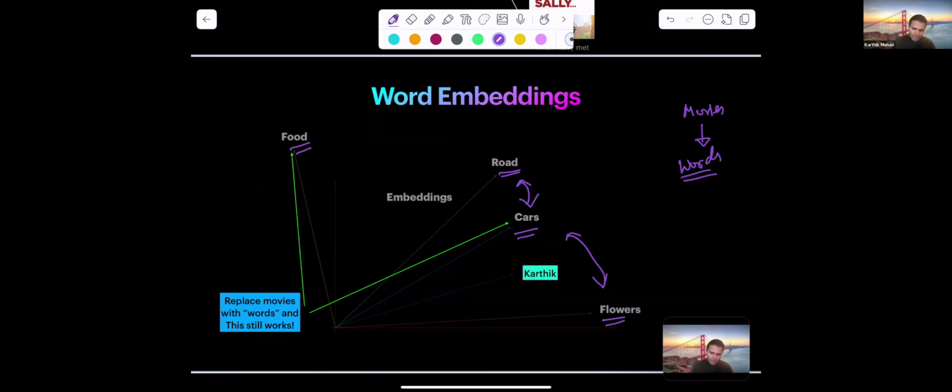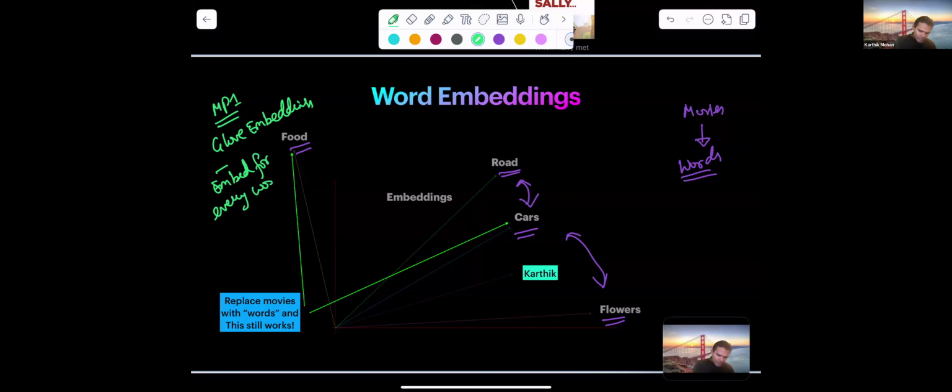In the mini project, you'll see that you use GloVe, and these GloVe embeddings are learned embeddings that have an embedding for every word in the English language dictionary. So let's say you have 200K words.